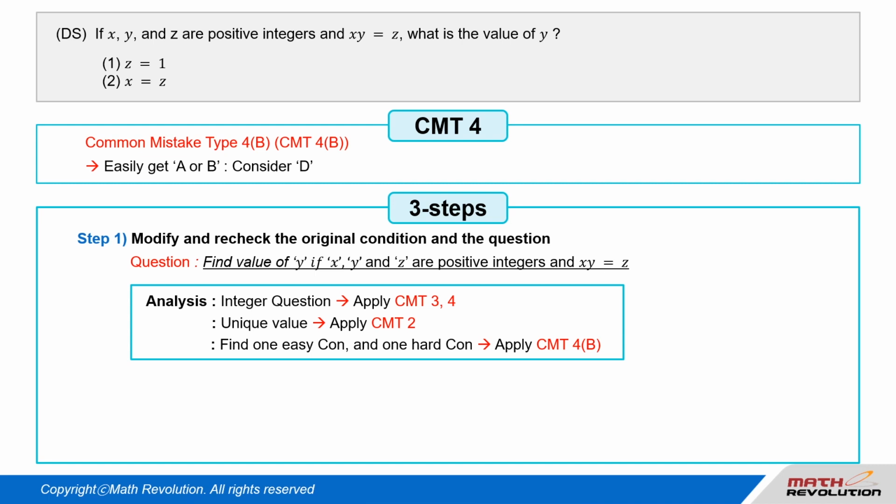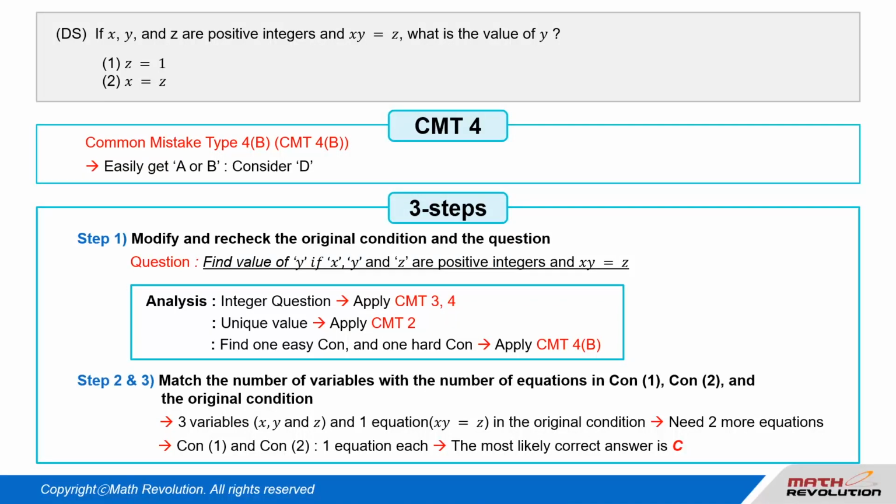Also, the answer will be a unique value of y, so we apply CMT2. When we look at the 2 conditions, we find one is easy and the other is more complicated. This is a very good question that demonstrates how CMT4B works and can help you on the exam. This type of question appears on the exam very often, so remember this.